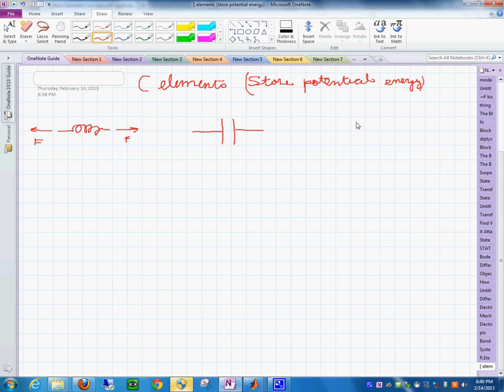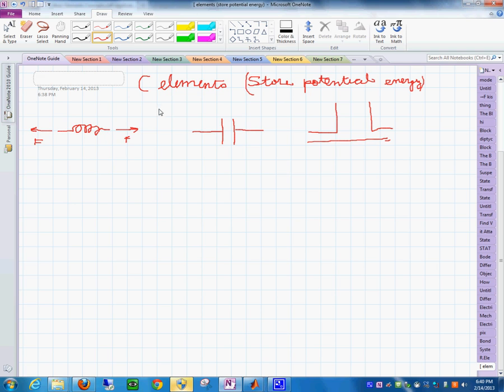And what about on the hydraulic side? What is the model of a capacitor or a C element on the hydraulic system? Something that stores potential energy. Basically, it is a tank, like this.